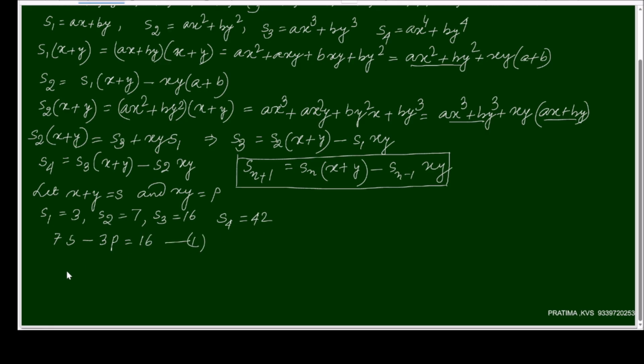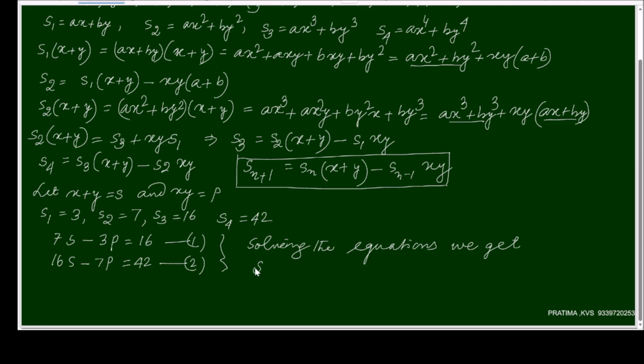And for S4: S4 equals S3 s minus S2 p, so 16s minus 7p equals 42, equation 2. Now solve those two equations. s equals negative 14, and p equals negative 13.